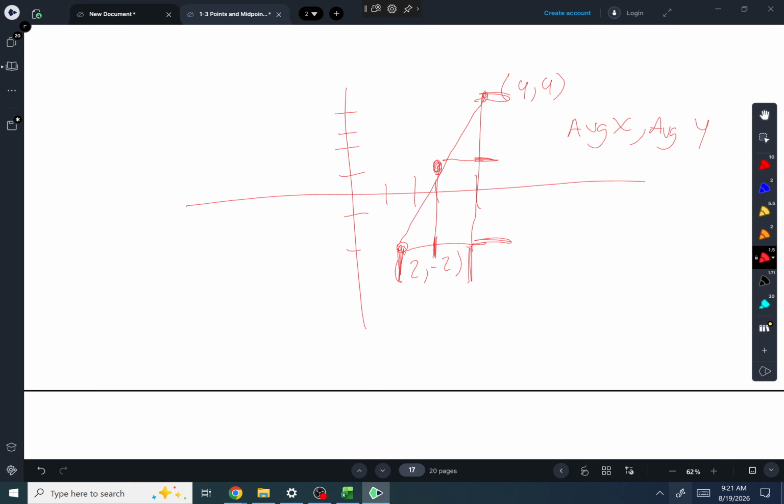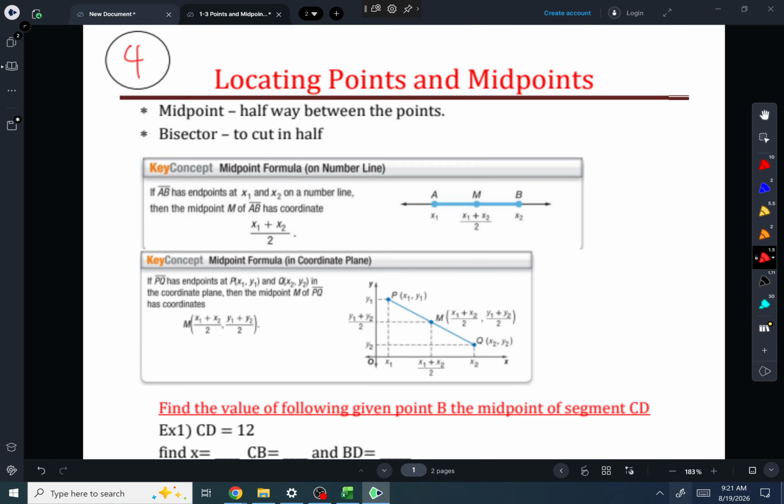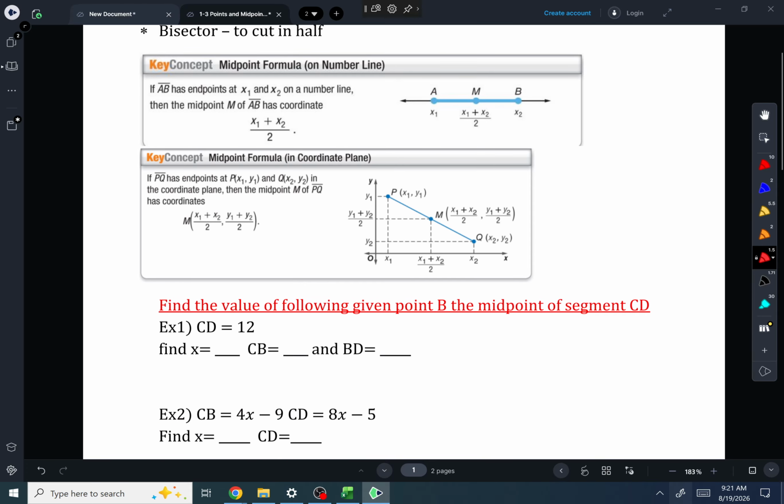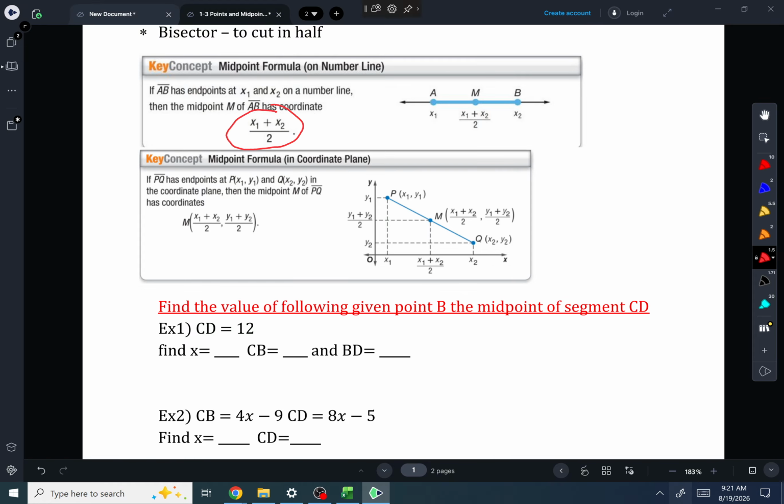Is that logical? Okay. If you go to your notes and you see the midpoint formula, it gives you this formula. What is that? That's the average. And write that. That's the average. And what is this complicated formula here?